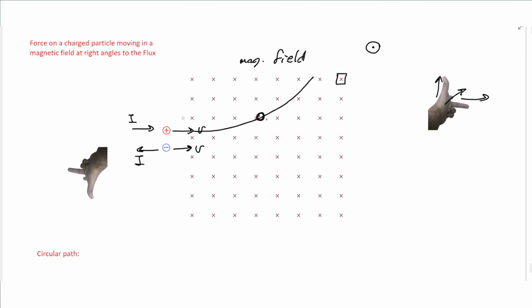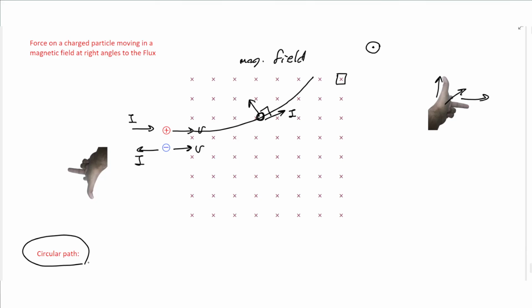But at this point, for example, the velocity is in this direction, so the force will be in this direction. It is always perpendicular to the current, so it creates a circular motion. So you might be asked, why is it a circular path? Because the force is always perpendicular to the motion of the charge.